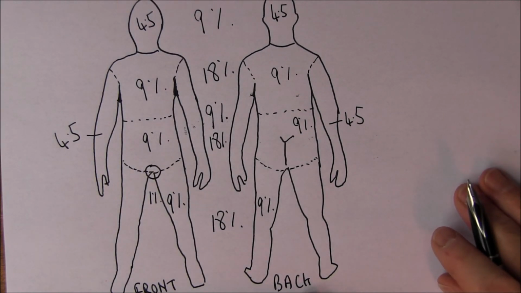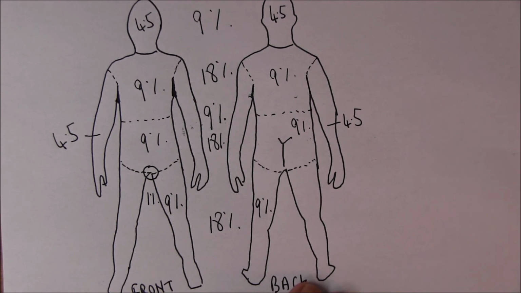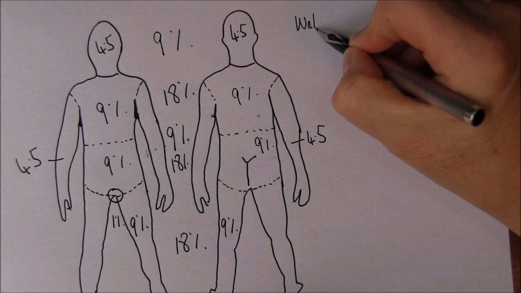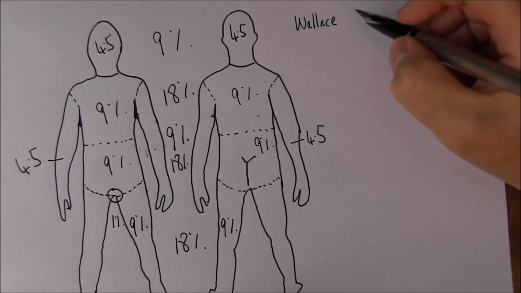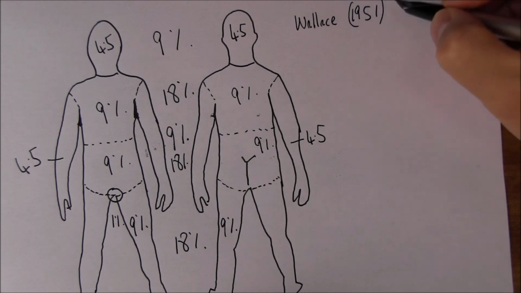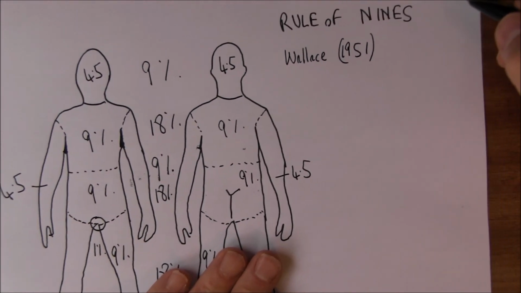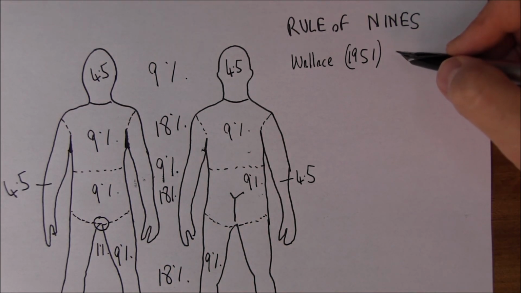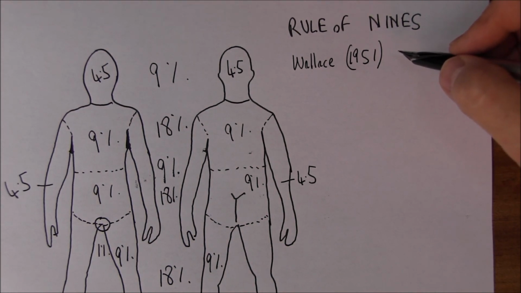Now of course I didn't work this out for myself. This is based on the rule of Wallace, 1951, published in the Lancet. Because of course we don't work these things out for ourselves, we only teach and practice because we stand on the shoulders of giants. In this case, Alistair Burns Wallace, appropriately named.